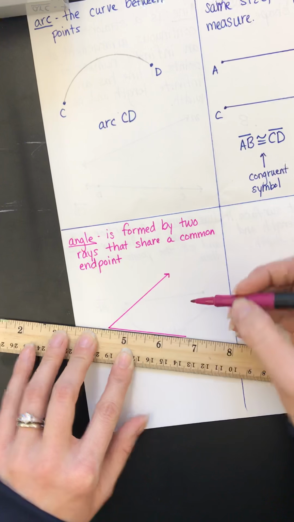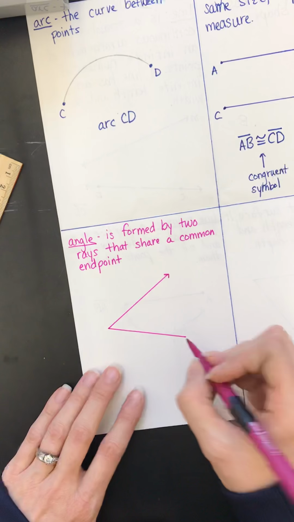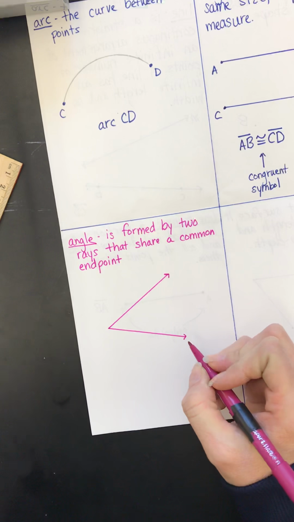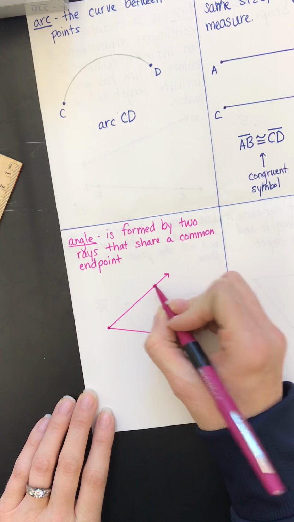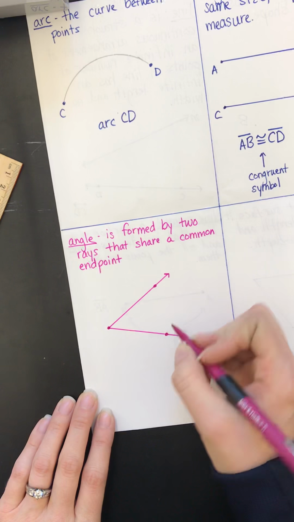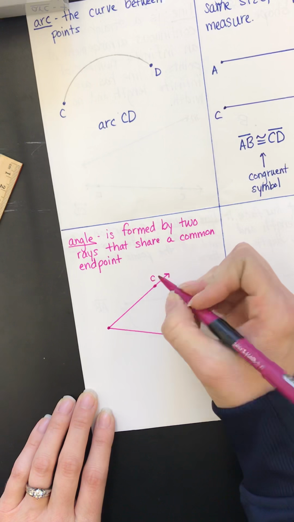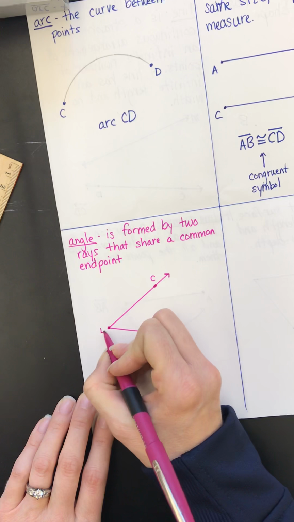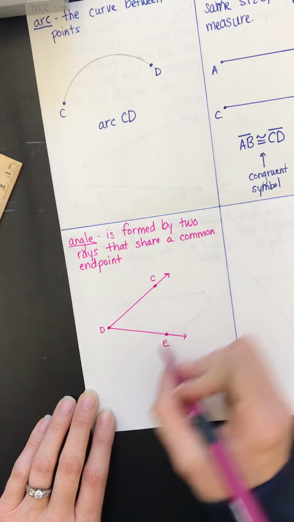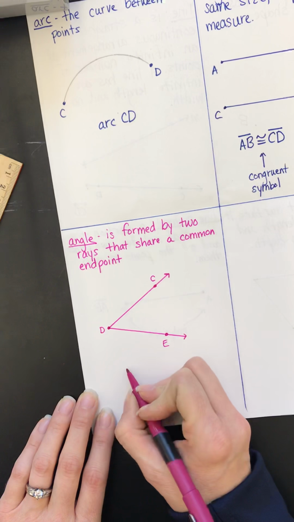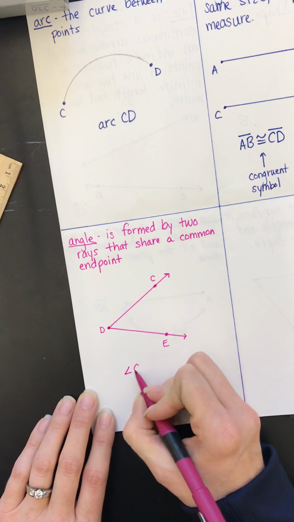Okay, so here's our angle. I'm going to label it with some points so we can identify the name of the angle here. We have C, D, E, we'll call this angle CDE. Okay, so when I name it, it looks like this, angle CDE.